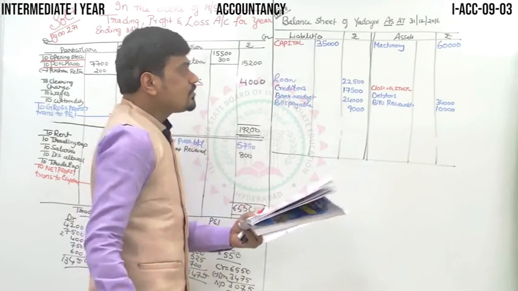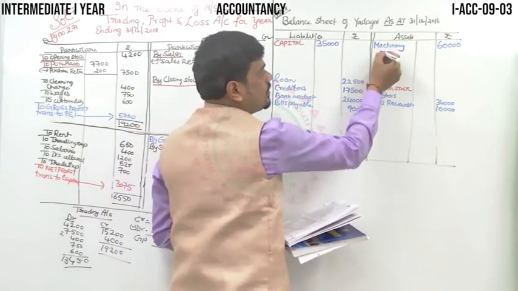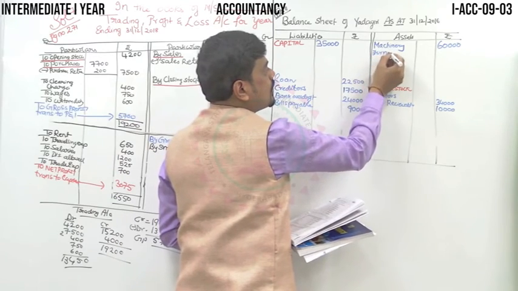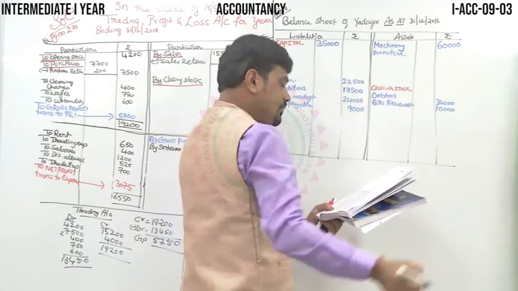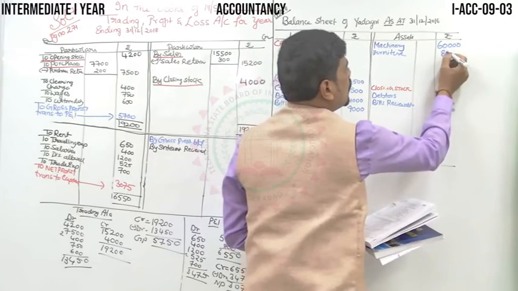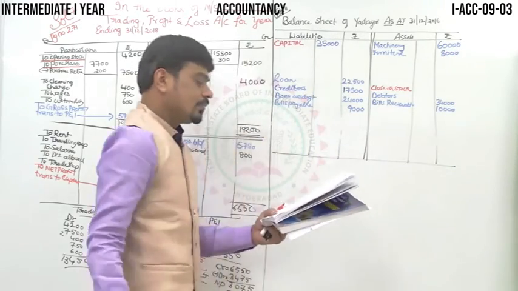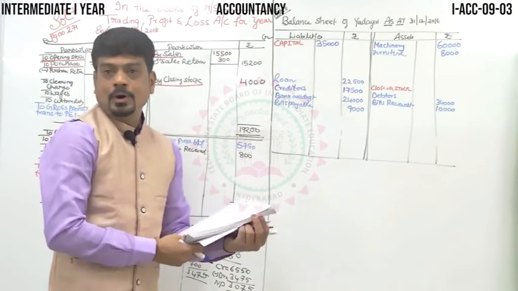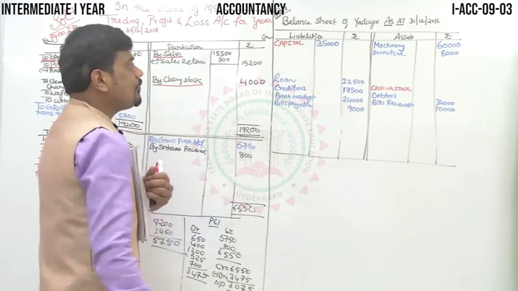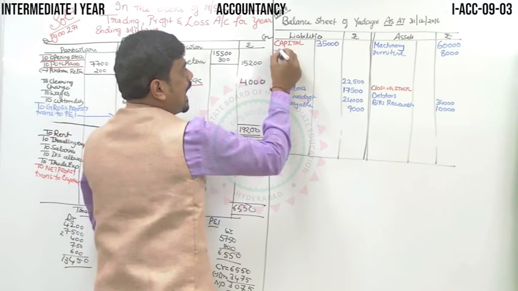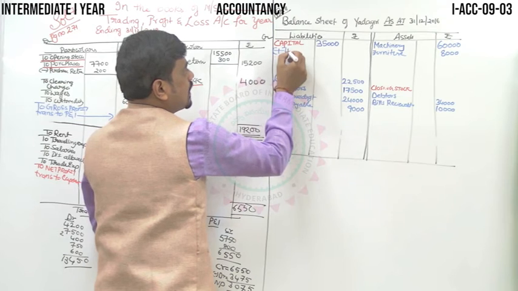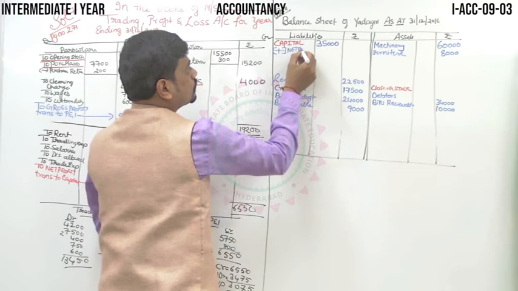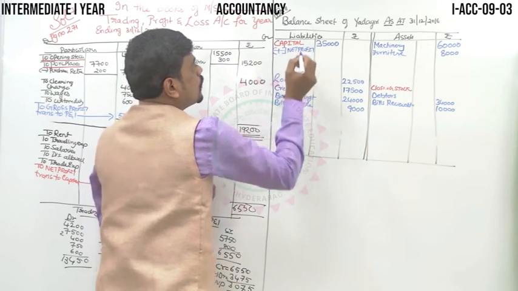Then furniture. Furniture is again a fixed asset. So just below machinery, we can write furniture, amount 8,000. Then after that they gave net profit. What is the rule of net profit I taught? It should be added to capital. So add net profit.